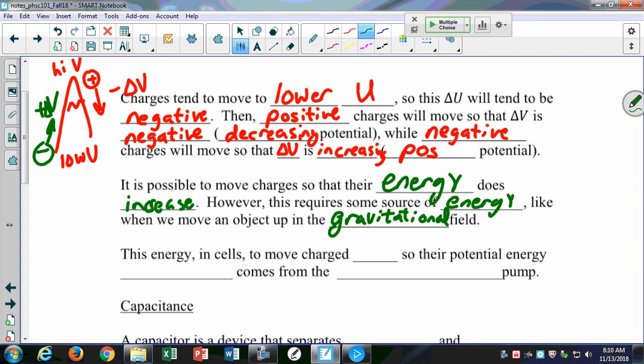And so this energy in cells moves charged ions, so their potential energy increases, to give the ions additional energy. This comes from something we call the sodium-potassium pump. You might have heard of this, but we'll talk about it a little bit in brief later.